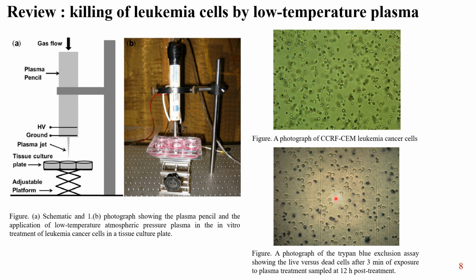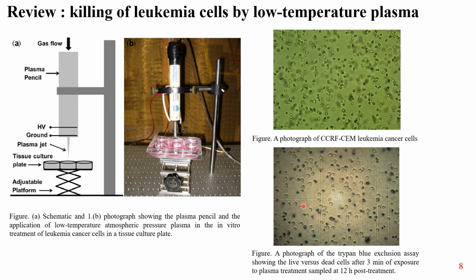And coming to the next figure, here the trypan blue exclusion assay shows the live versus dead cells after 3 minutes of exposure to plasma treatment, sampled at 12 hours. The cells that are dead absorb trypan blue dye while live cells do not.